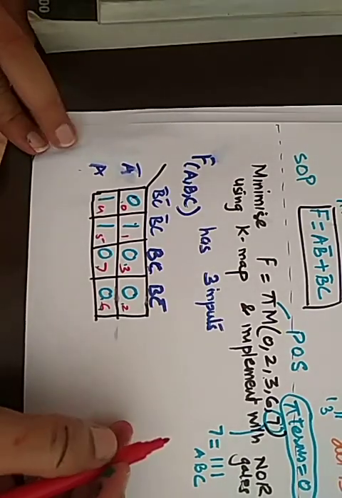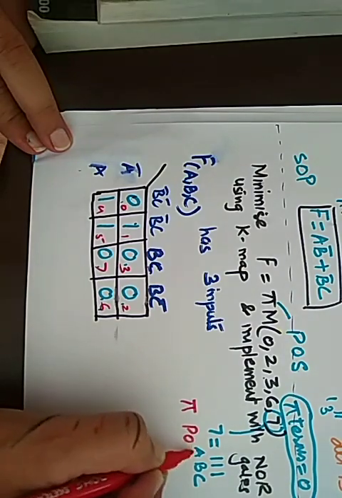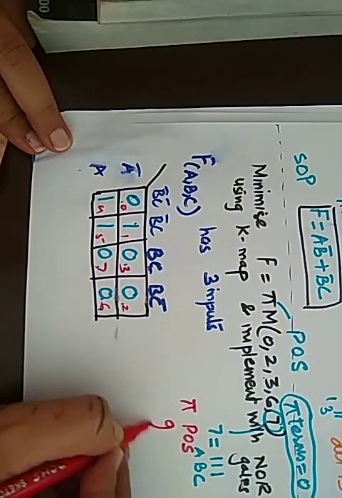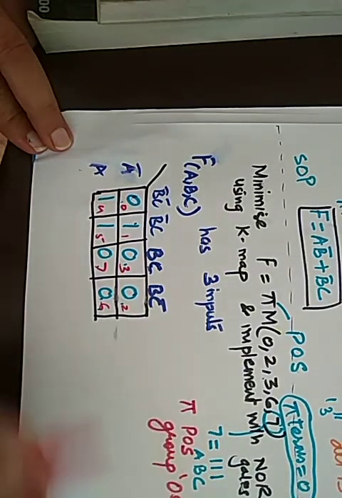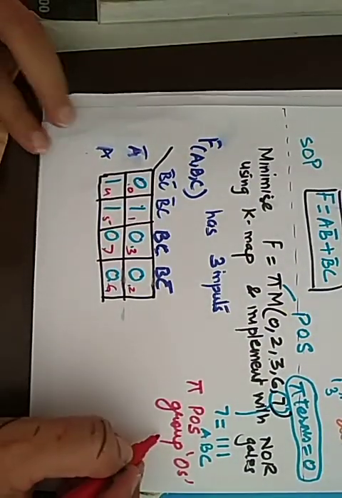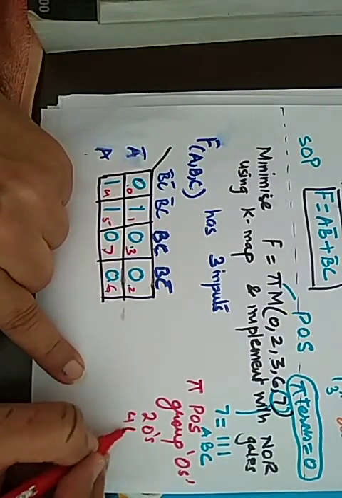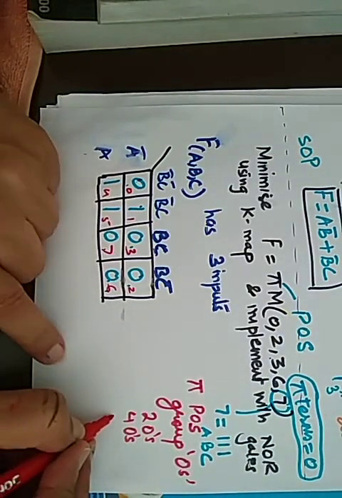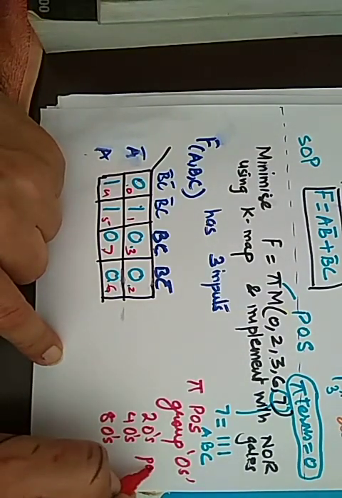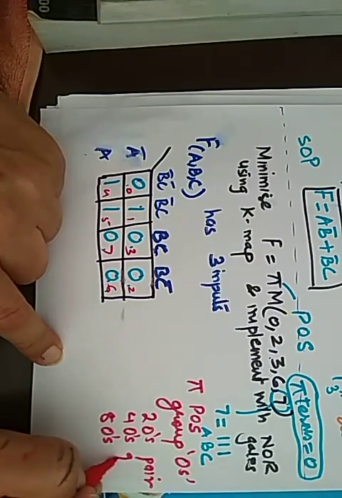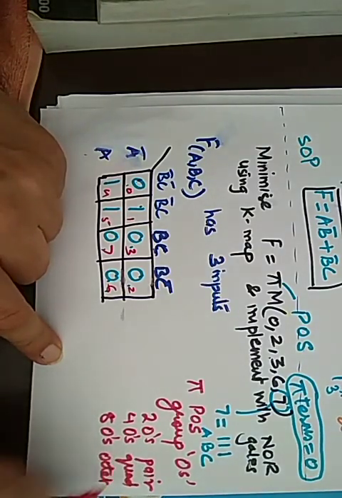Once the K-map is filled, now remember that we are solving the pi function, which is a POS function. So in this case, we will group the zeros. Group the zeros and again try to find 2 zeros or 4 zeros together or 8 zeros together. 2 zeros are called a pair, 4 is called a quad, and 8 would be called an octet.